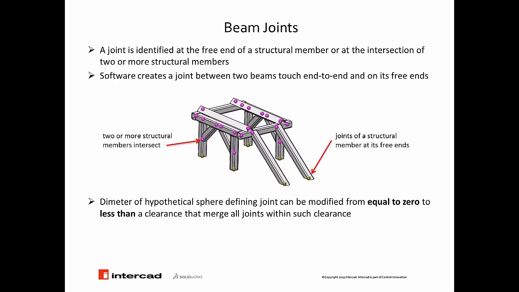You can increase or decrease the size of this detection, merging or unmerging more or fewer components and creating more or fewer joints by considering a clearance for your hypothetical sphere of detecting joints. We will look at this option in the practical case study, but what we're trying to say on this slide is that you have control to have more or fewer joints at intersections, and if there is a gap clearance between the members.